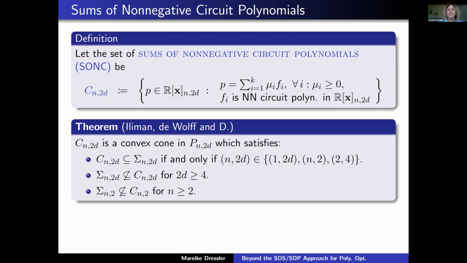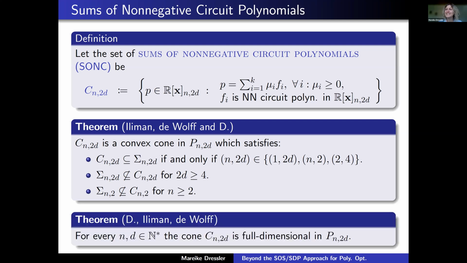And also the other containment doesn't hold in general, right? So also the SOS cone is not contained in the SONC cone. So we really found a cone that is independent of the SOS cone. And as a last ingredient to really call it a non-negativity certificate, it had better be satisfied for many polynomials.